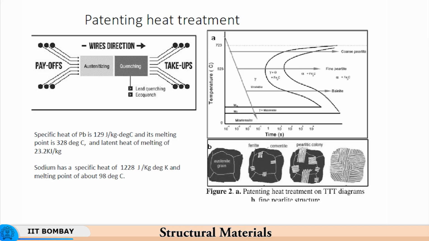So, supposing you were to overload this rope made of this pearlitic steel, then it will undergo plastic deformation. It will not break all of a sudden, it will undergo a small amount of plastic deformation, it becomes harder, and therefore, it will still be able to support the weight of the load that you are lifting up.